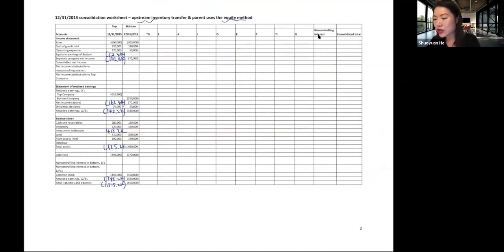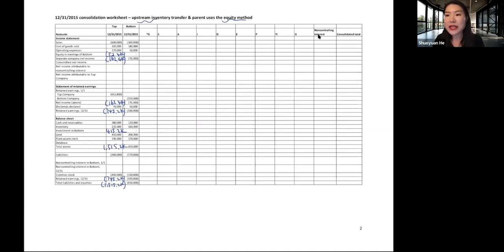However, in this upstream situation, the profit is recorded on the subsidiary's book. So what we need to adjust here is the subsidiary's beginning retained earning. And no matter what the parent does, it doesn't affect. The parent may have something on its book, but it doesn't affect the subsidiary's retained earning or anything.